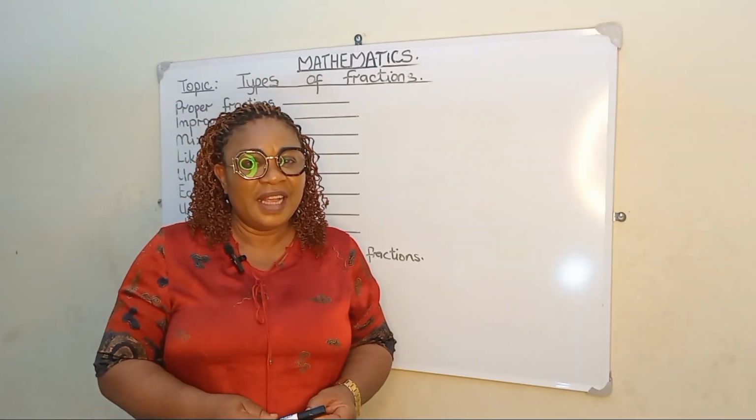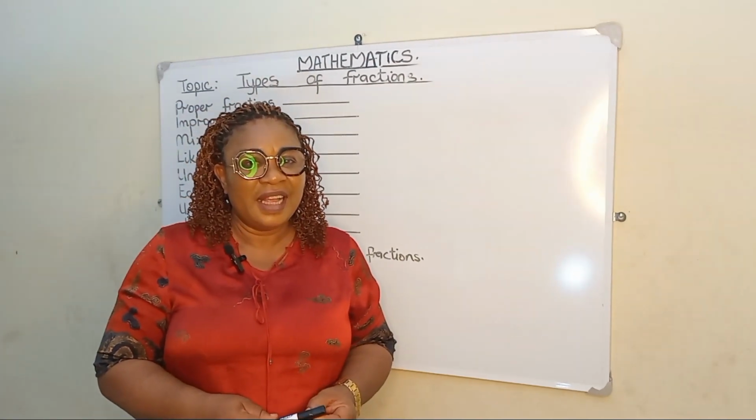They are unlike. They are not the same. This is unlike fraction. So when you see any fraction that is like this, you begin to call them unlike fraction. But when you see any number that the denominators are just the same, you call them like fraction.